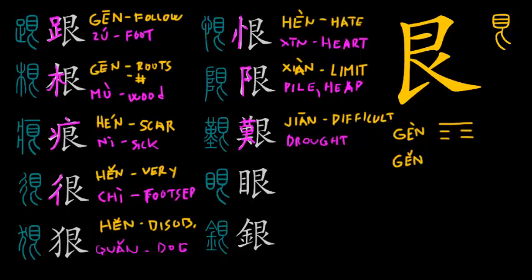The next character is pronounced yin, in the third tone, and it means I. The semantic element in this character is this part over here. It's pronounced mu, and it means I, but not in the modern sense.